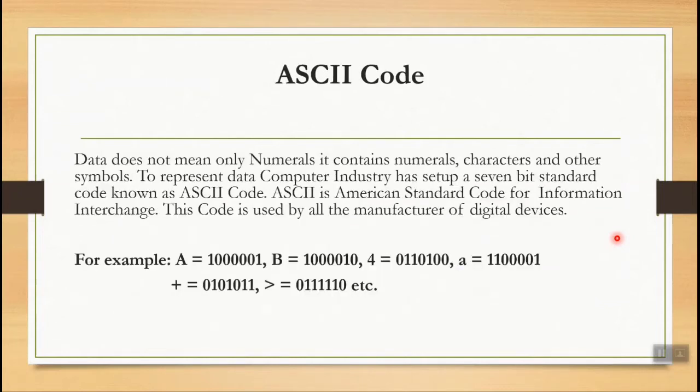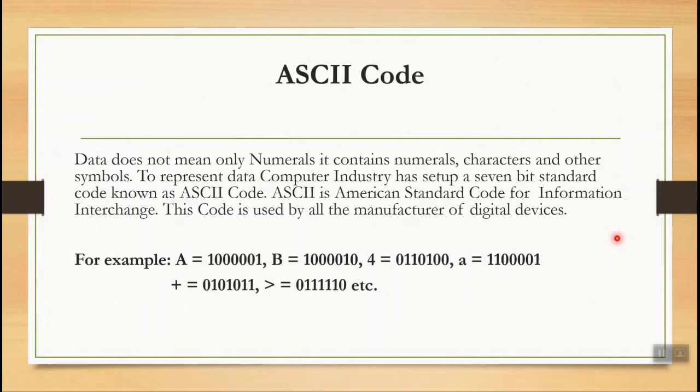Now next we will see, the most important one is ASCII code. ASCII stands for American Standard Code for Information Interchange. Because what happens, we don't only represent numerals in computer.